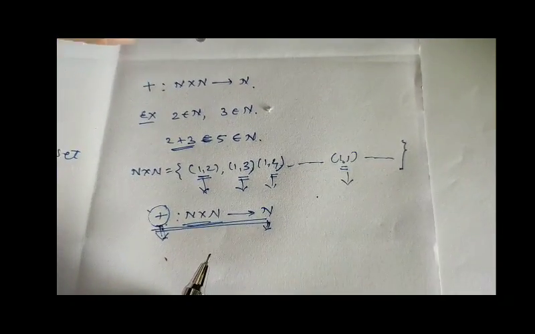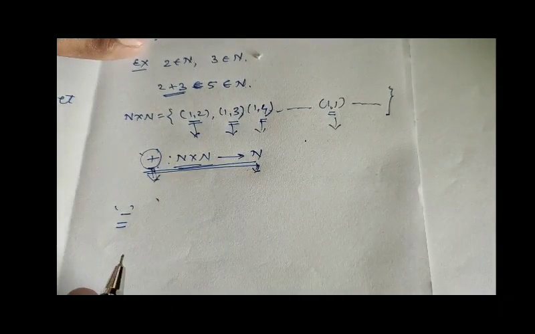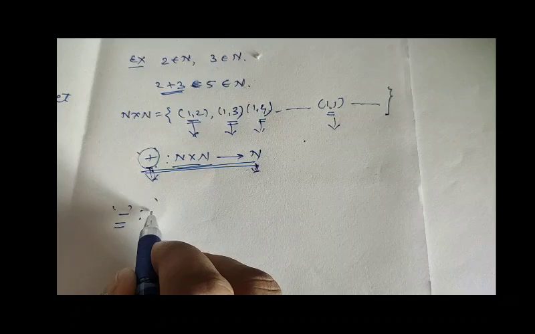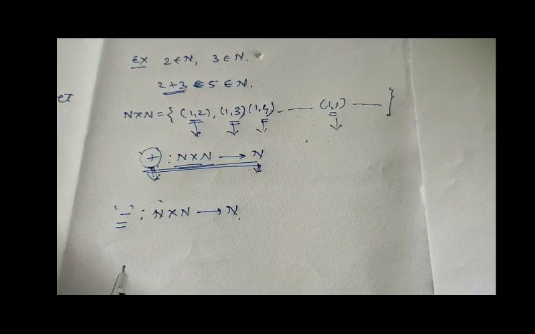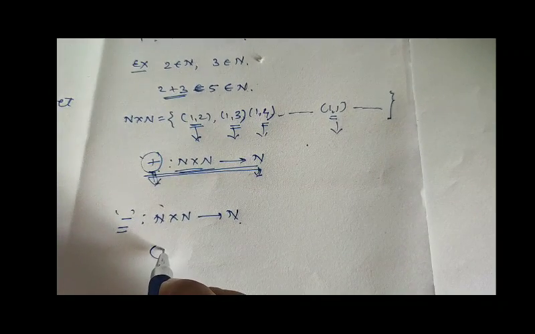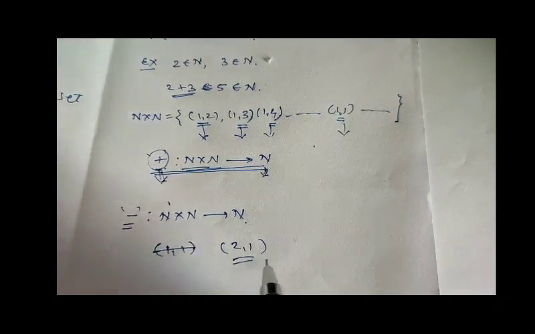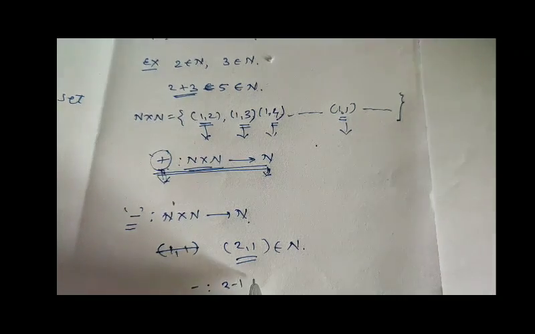Now if we choose minus, that is subtraction, as a binary operation, then N cross N should again map to N. If I choose the ordered pair 2, 1, which belongs to the set of natural numbers, subtraction 2 minus 1 is equal to 1, which again belongs to natural numbers.